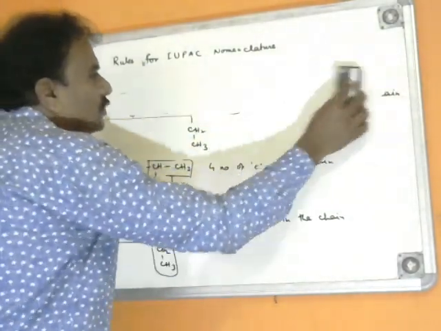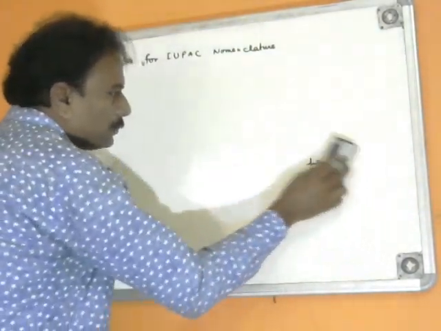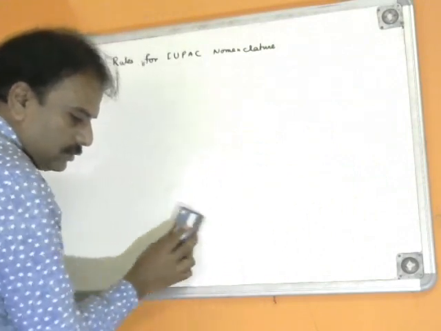Now I am going to the second rule. What about the second rule? Second rule is numbering.